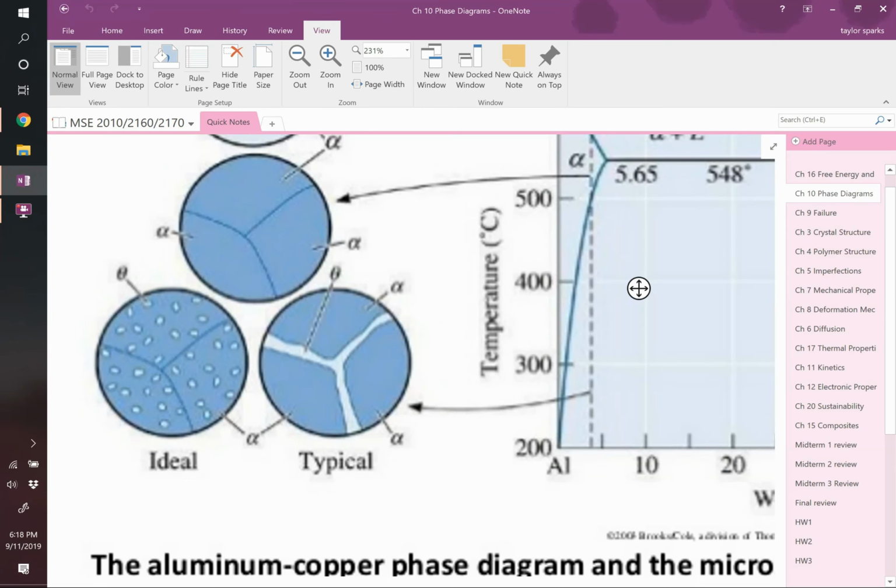In fact, the week after the midterm, we're going to do this with aluminum and zinc. It's supposed to be a two-phase region, but it's single phase because you dropped it into ice water. Then when you pick it up and hold it in your hand, the little bit of thermal energy in your hand is enough for it to undergo the reaction. It turns into a two-phase region, and it's strongly exothermic. So that little bit of heat, all of a sudden it gets too hot to hold, which is pretty cool. So yeah, quenching it can prevent that.